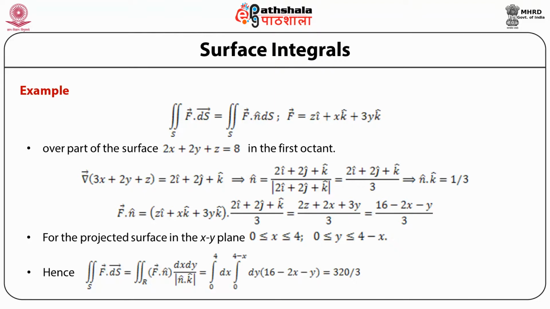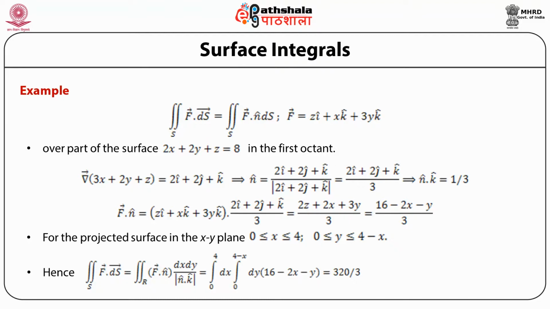This implies that n cap dot k cap is equal to 1 divided by 3. So F dot n cap is equal to (z i cap plus x j cap plus 3y k cap) dot (2i cap plus 2j cap plus k cap) divided by 3, equal to (2z plus 2x plus 3y) divided by 3, equal to (16 minus 2x minus y) divided by 3.